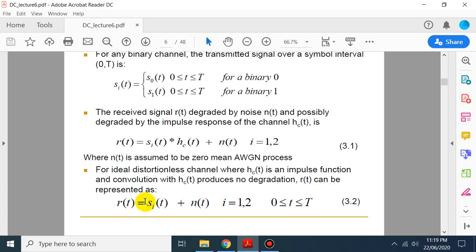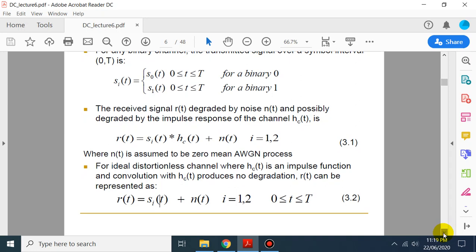Now see here, we are getting s_i(t) in its original form, because the ideal distortionless channel is not affecting our transmitted waveform, but we have only this noise that is coming from other sources, and we are going to represent it with n(t) here, but there is no effect as far as the impulse response of the channel is concerned.